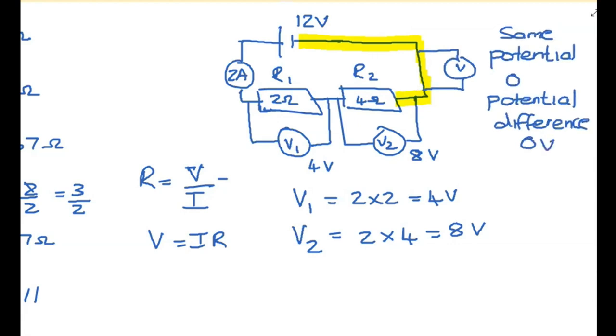But if the charges now go through the 4 ohm resistor, what is the 4 ohm resistor doing? The 4 ohm resistor is giving opposition to the movement of these charges. To push those charges through that resistor, those charges are going to transfer energy. It's going to transform to maybe some heat.